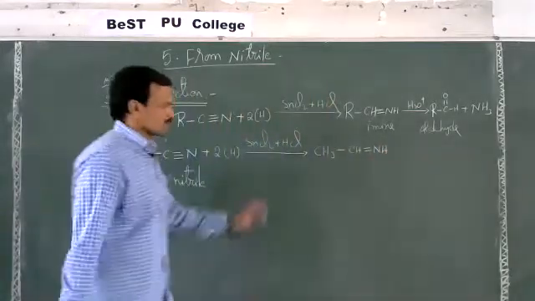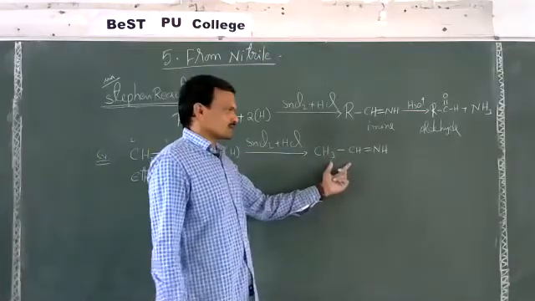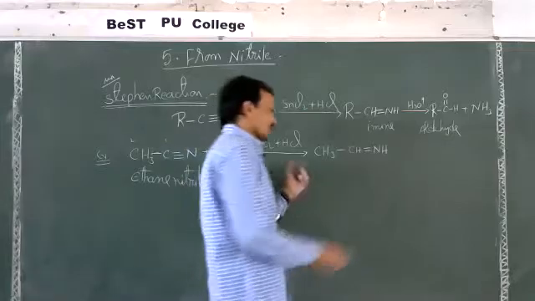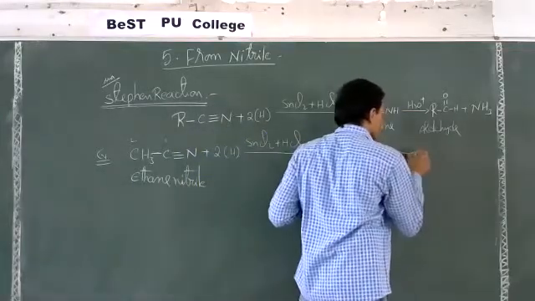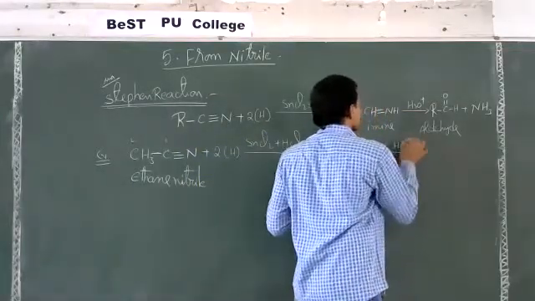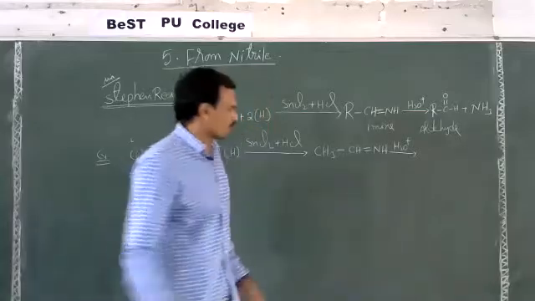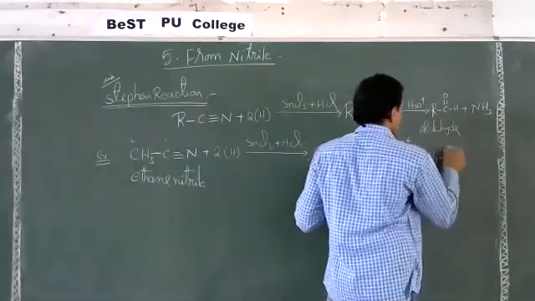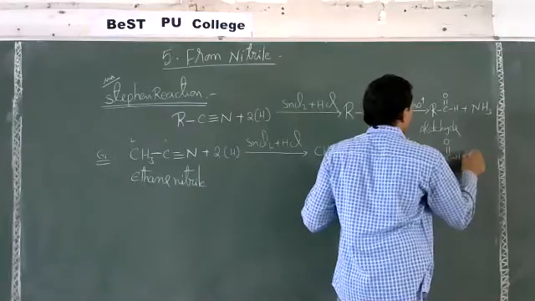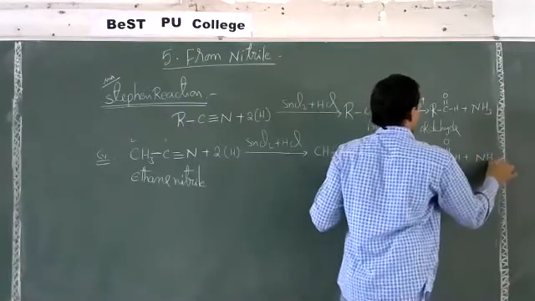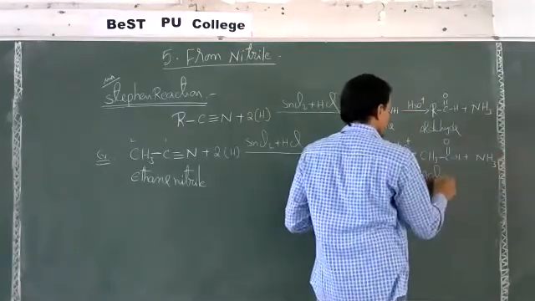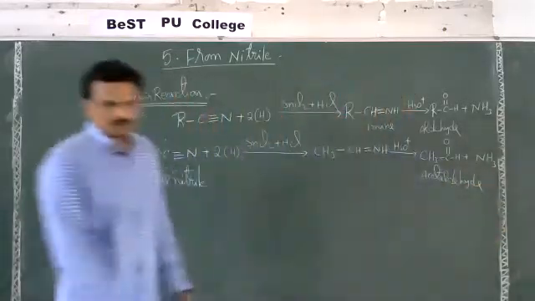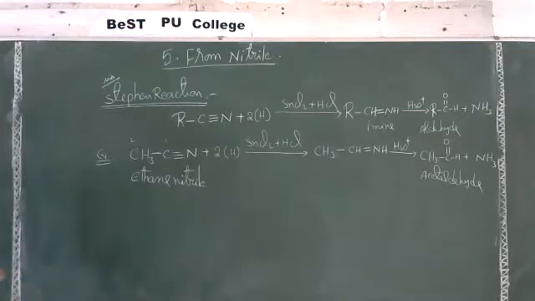Okay, and this is ethanimine, or acetaldimine, also called acetaldimine or ethanimine. This imine on hydrolysis, the double bond will break and you can get CH3CHO plus NH3, nothing but acetaldehyde. Acetaldehyde will be formed here.